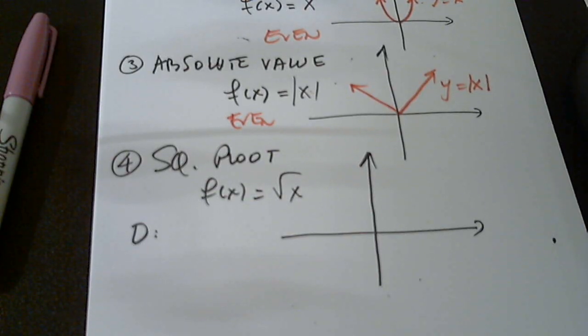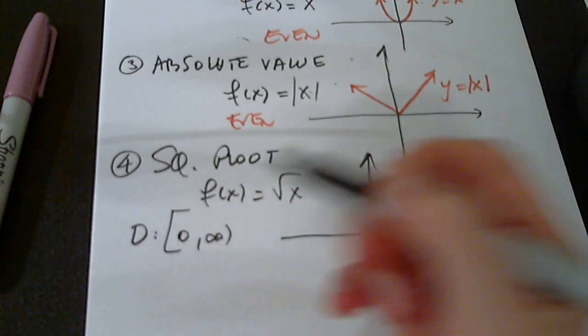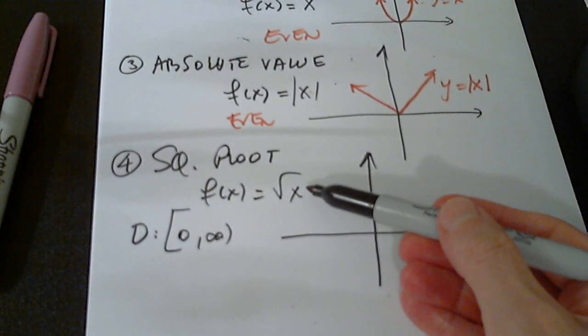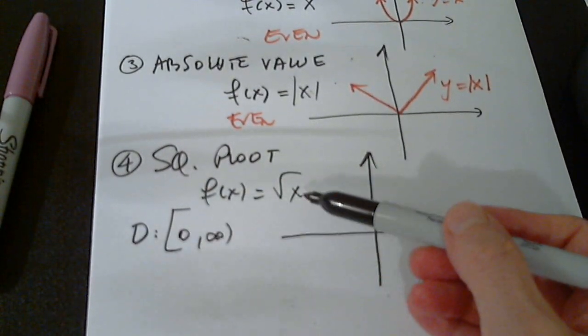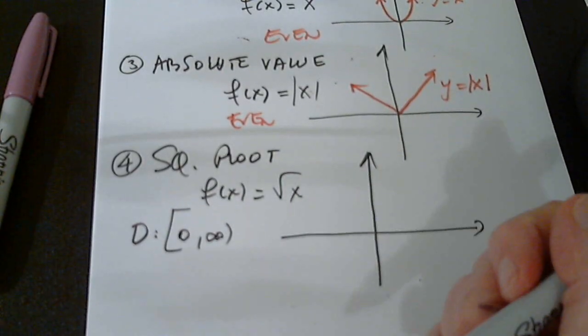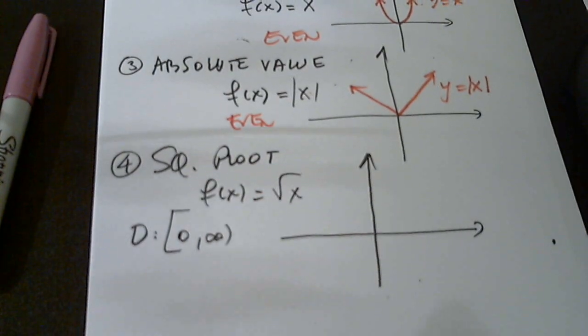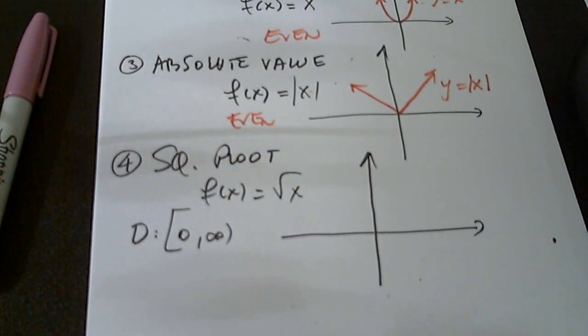The domain. 0 to infinity. Correct. The domain is indeed 0 to infinity. If you ask me to plug in any number between 0 and infinity, I will give you a number. But if you ask me to plug in -5, I will not be able to give you a number. So please remember this, because that's where the graph will exist.